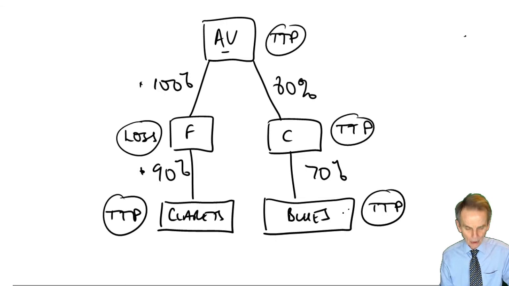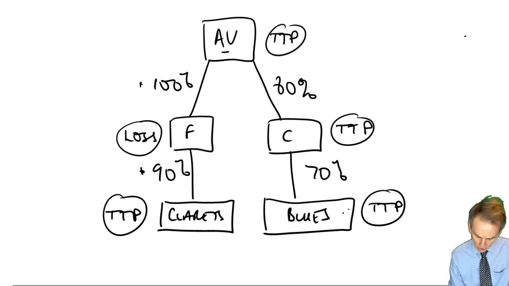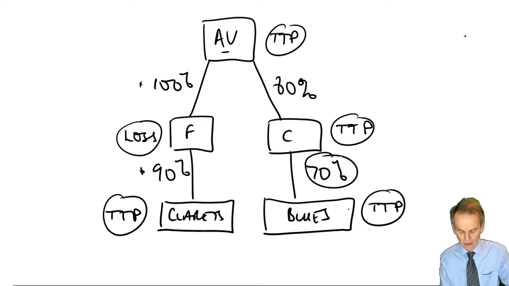But what about Blues there? Now, as soon as you see that figure, the share ownership by the subsidiary of AV, company C, in its own subsidiary Blues is only 70%. And that therefore means that you don't have a 75% group relationship, and therefore no group relief is available.